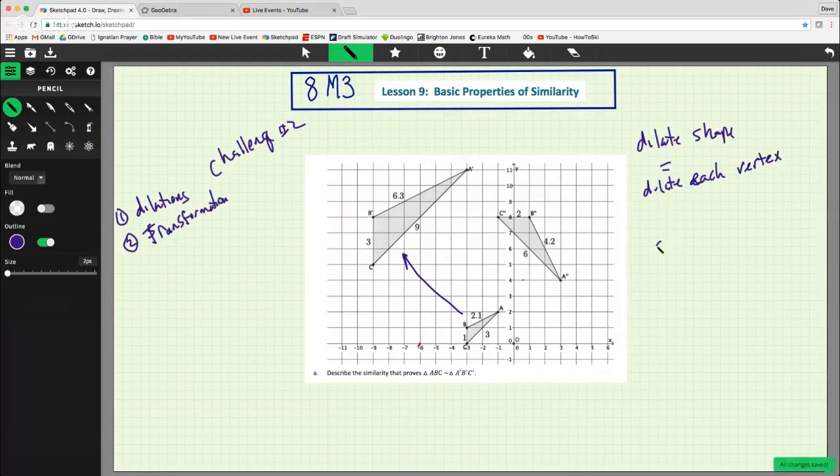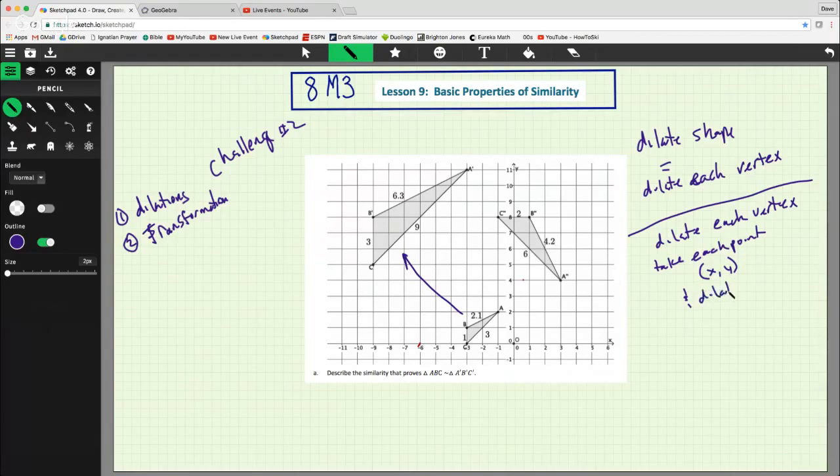And to dilate each vertex, you just take each point, x, y, and dilate it by multiplying each coordinate by the scale factor.